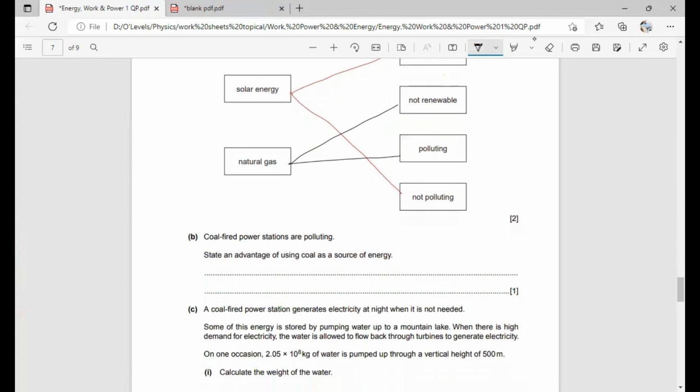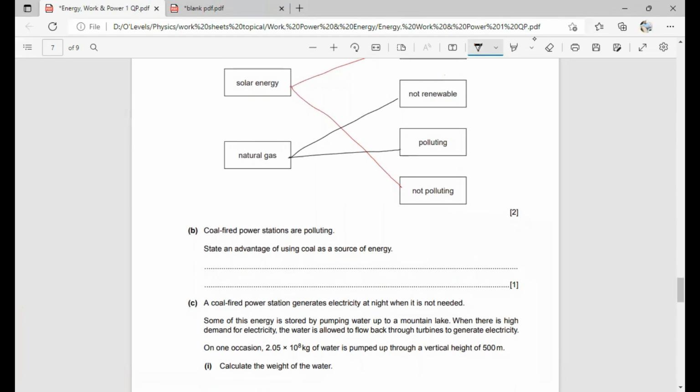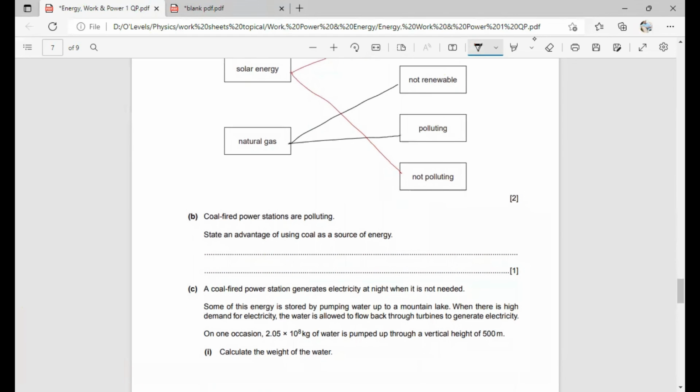Now, coal-fired power stations: state one advantage of using coal as a source of energy. Widely available. Less expensive?